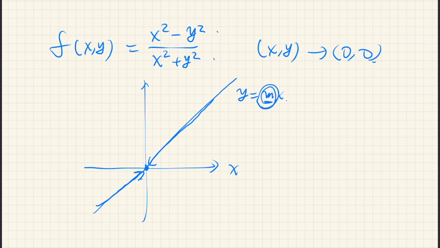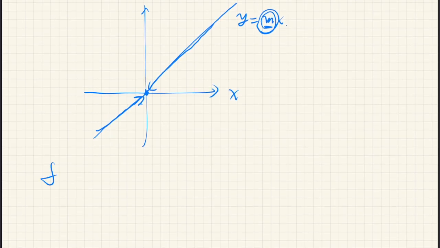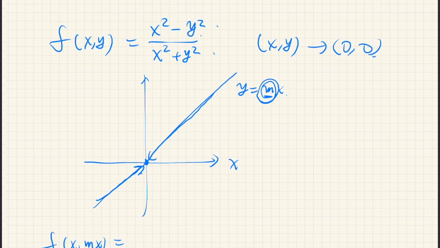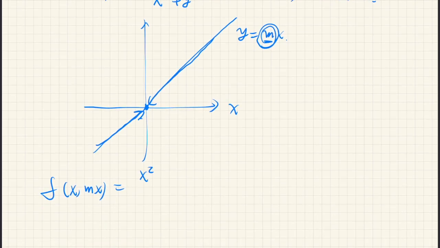Okay, so approaching the origin along this line with some slope m, we have f of x and mx. So just substitute y with mx. We have x squared minus m squared x squared over x squared plus m squared x squared. So we can get rid of x squared.